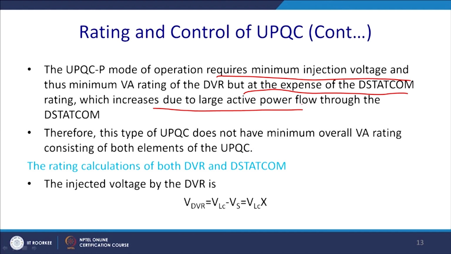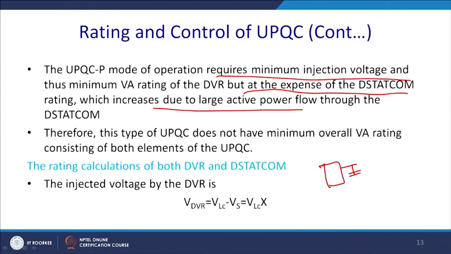Because if you have a UPQC, and I assume that it is a right shunt compensation, real power will flow through the D STATCOM and that will be injected by this DVR.